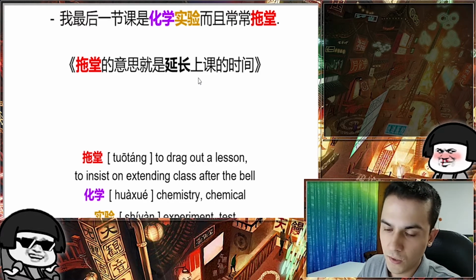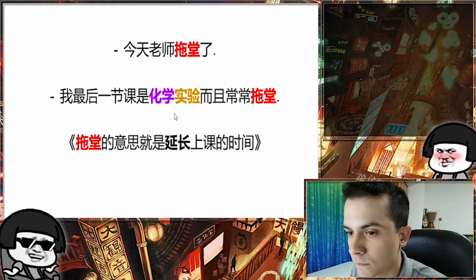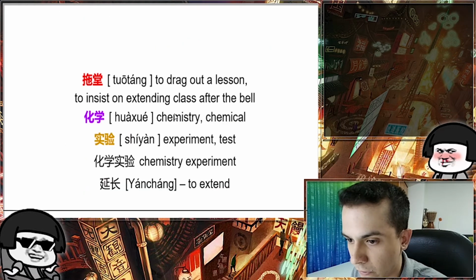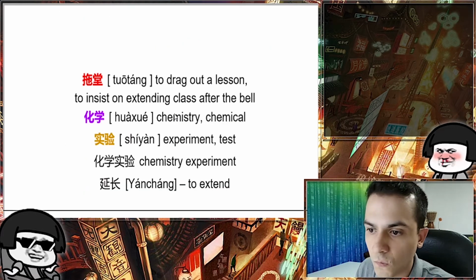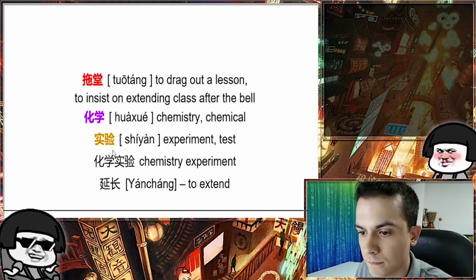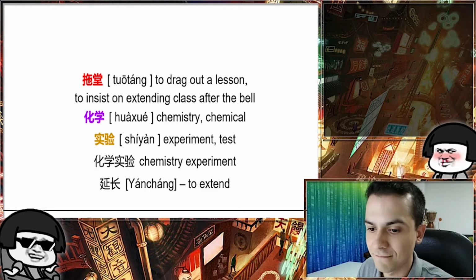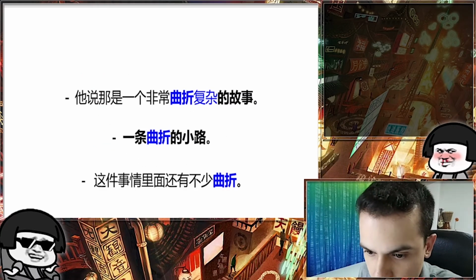Okay, so we are extending the time we spend in class. Alright, so let's go over the new vocabulary. 拖堂, 化学, 实验, 化学实验, 延长. Alright, let's see the next one.